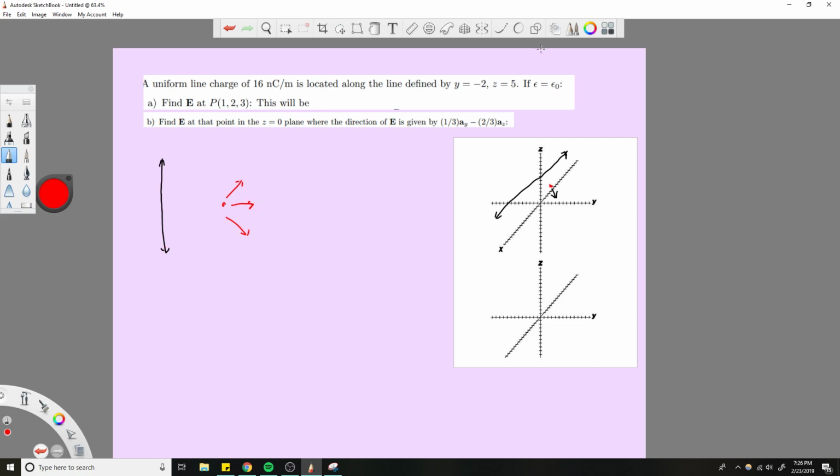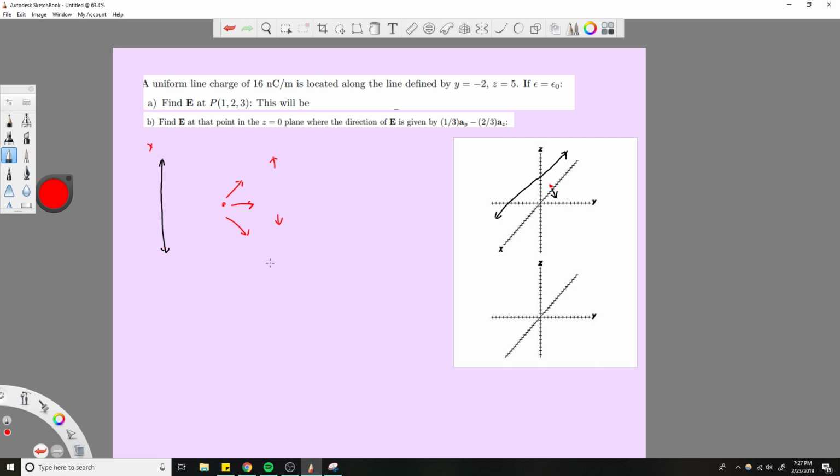So what does that tell us in this situation? Well, if we have a line going along the x direction, we know that there will be no component in x. This would be the x-axis up here, so all the vectors that are pushing up this way are going to cancel with the components that are going down that way.